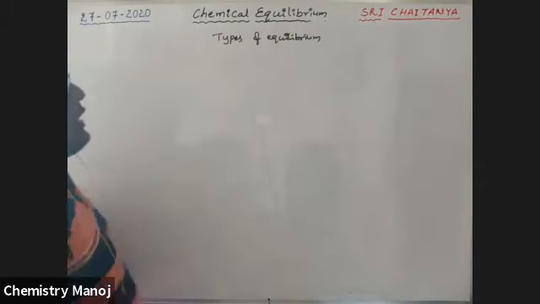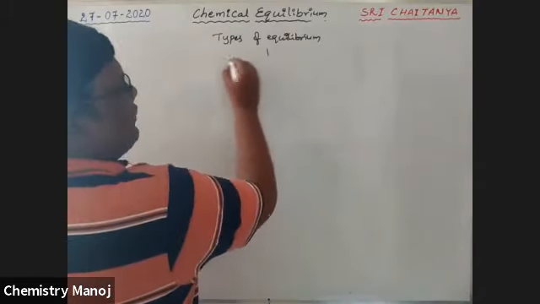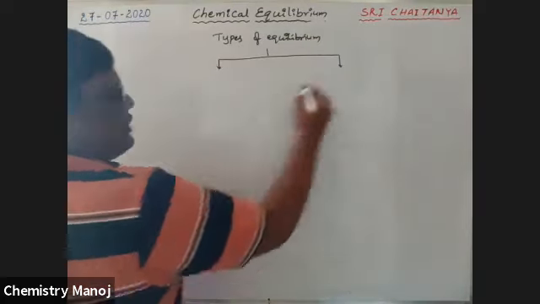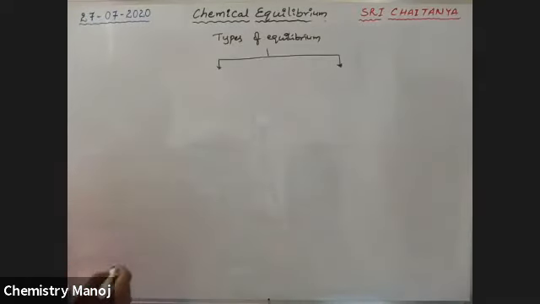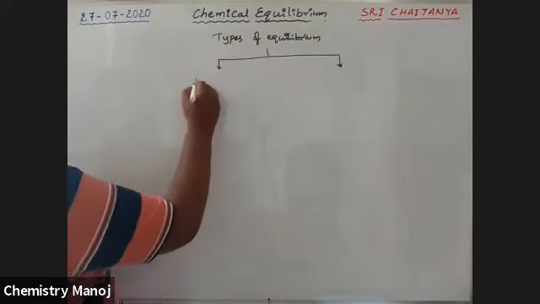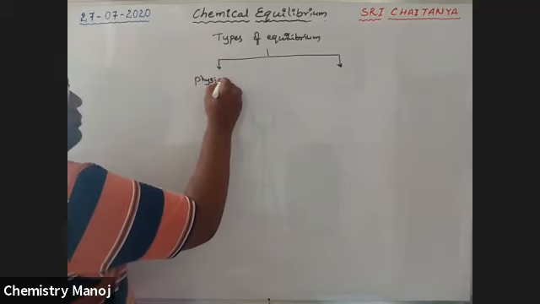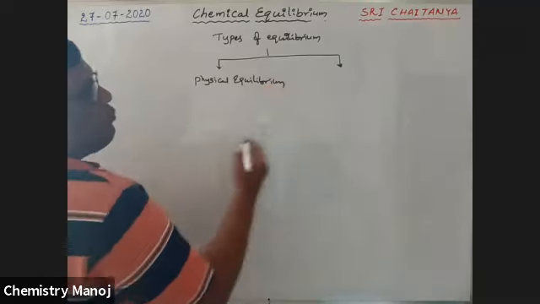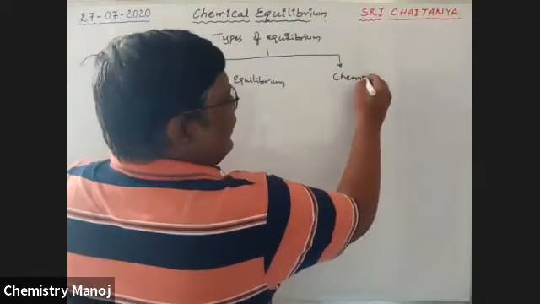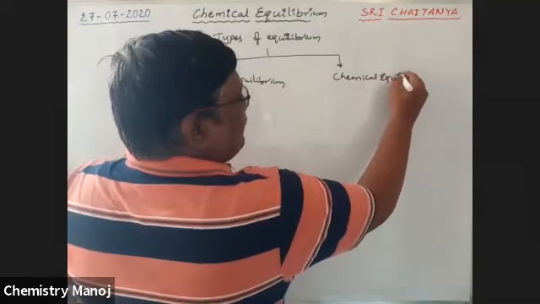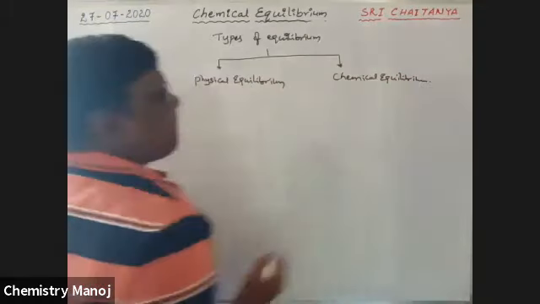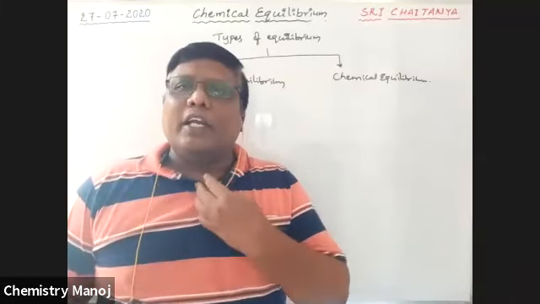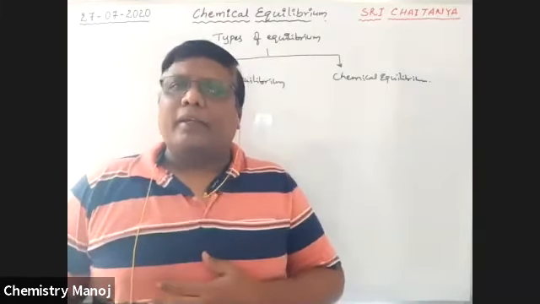This equilibrium is based on the physical states of the reactants and products, and it is broadly divided into two types: physical equilibrium and chemical equilibrium.